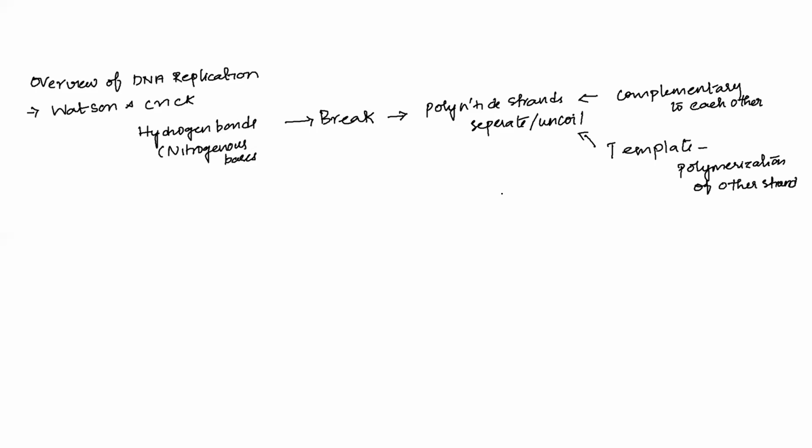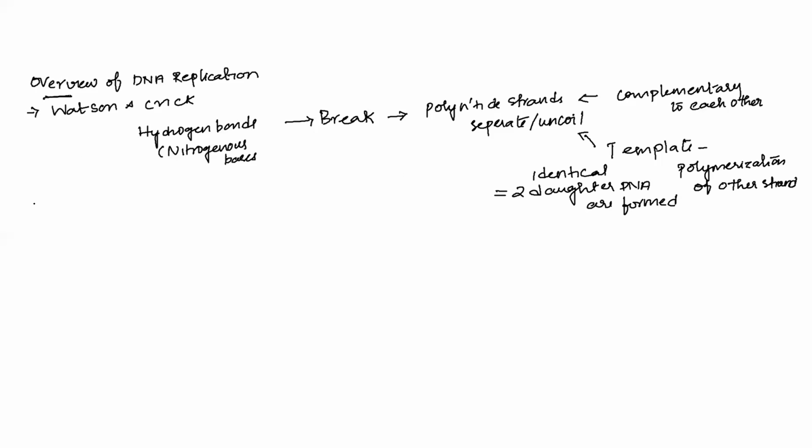At the end, what will happen? Two identical DNA molecules are formed. So many things are going to happen in between. This is just an overview, right?